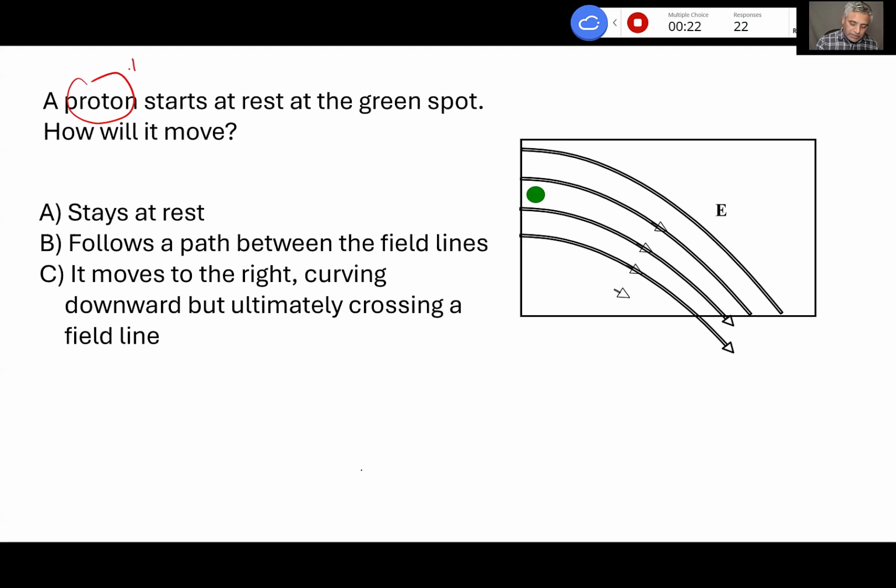Proton has a positive charge. 30 more seconds.